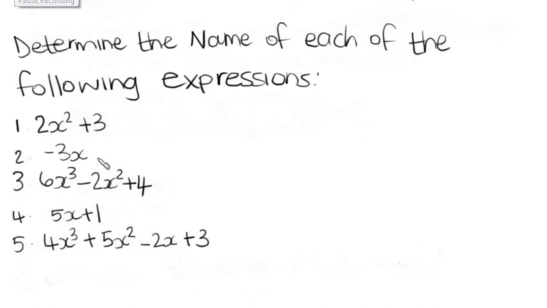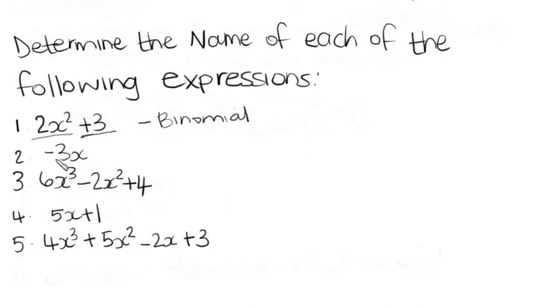If we look at number 1, there is only one sign in this expression, so this would be a term and this would be a term over there, therefore giving me a binomial. I hope you all got that correct.